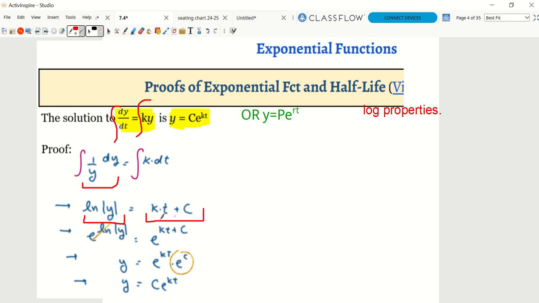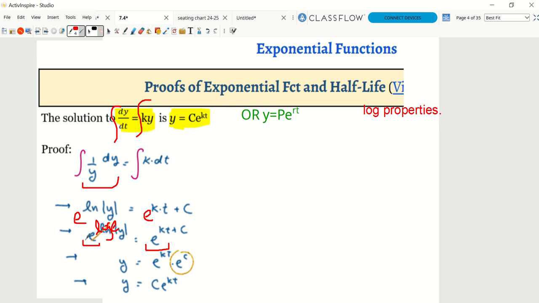Okay? Now what we're going to do is put an e on both sides. So we're going to put an e to both sides, and we end up getting this right here. Remember, ln is the same as log base e.